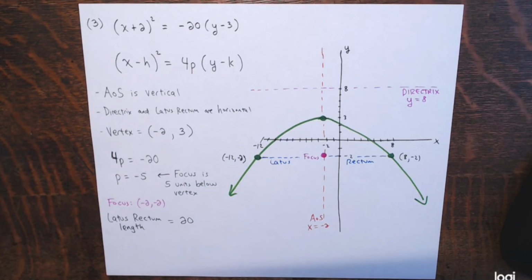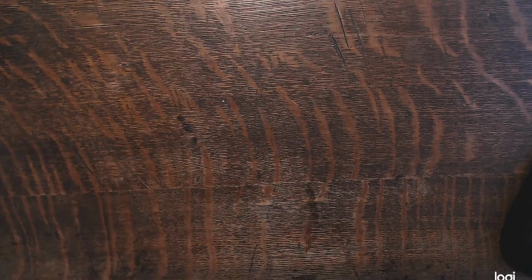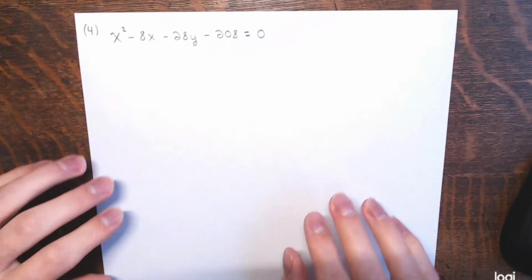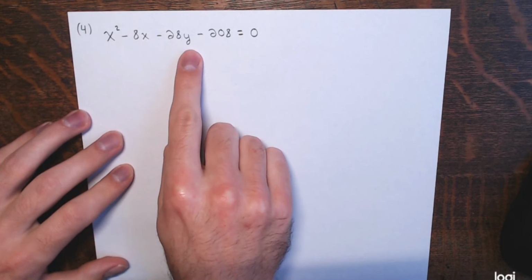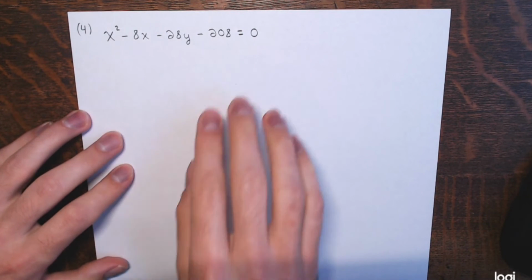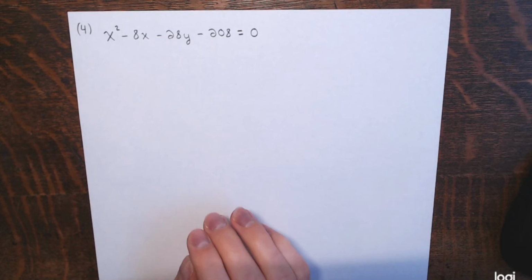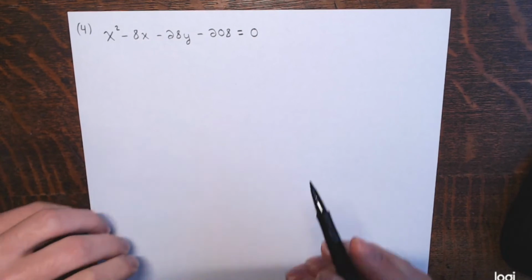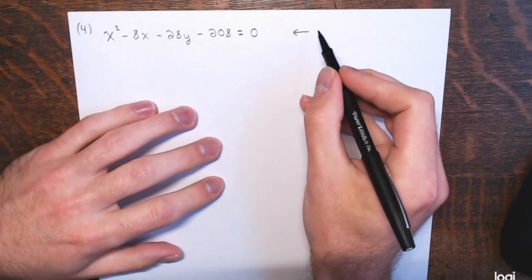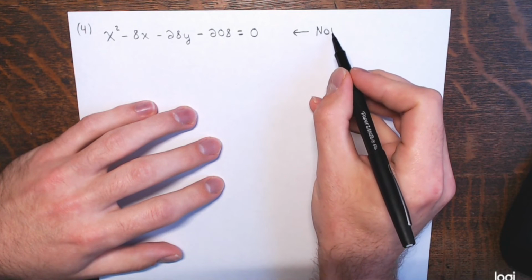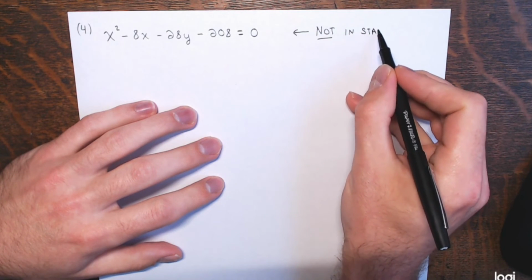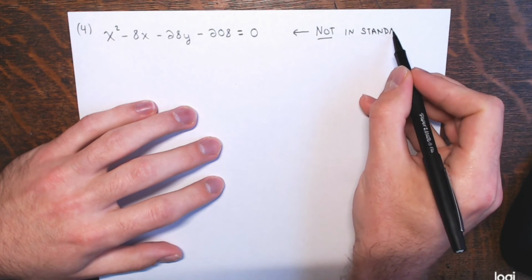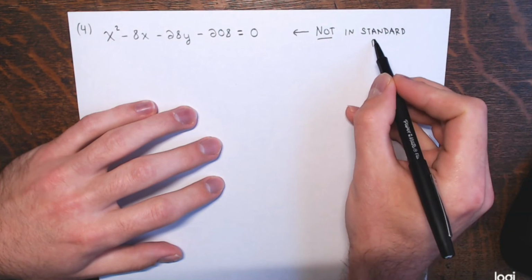All right, so my next example is another equation where x is being squared and y is not. But this is clearly not in standard form.